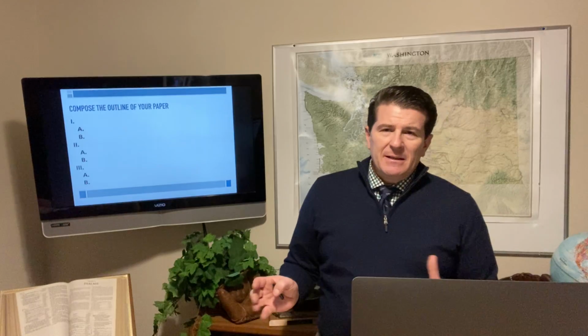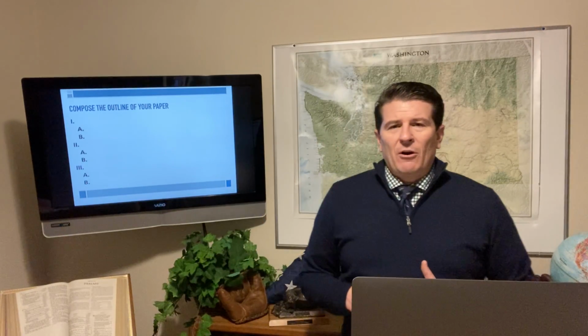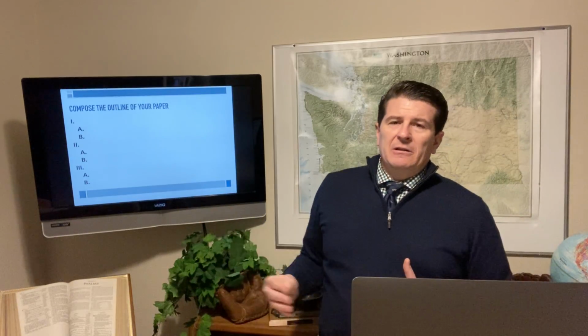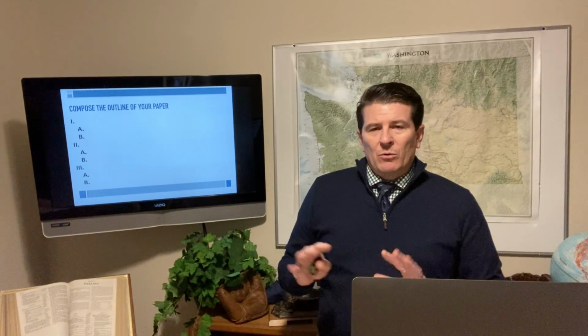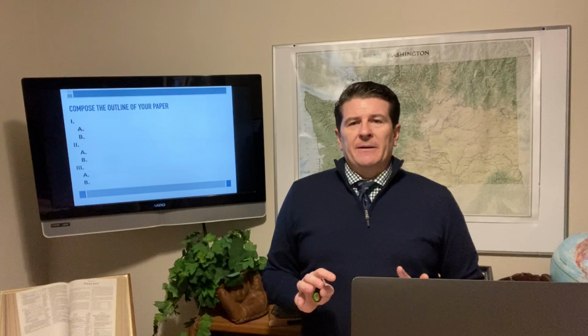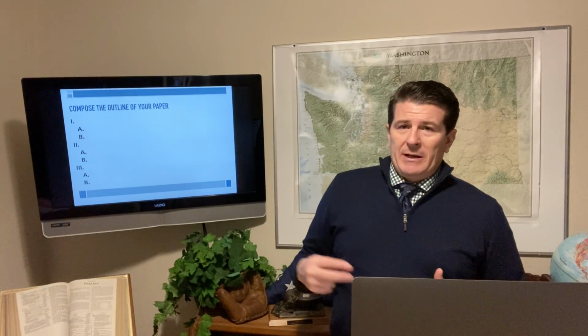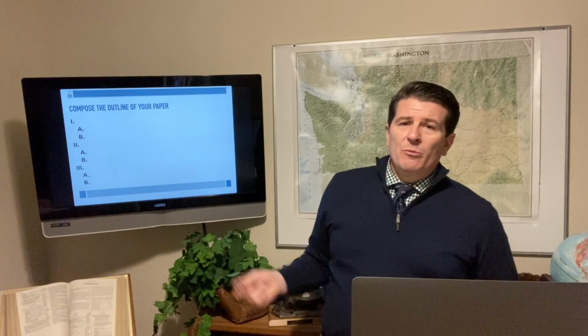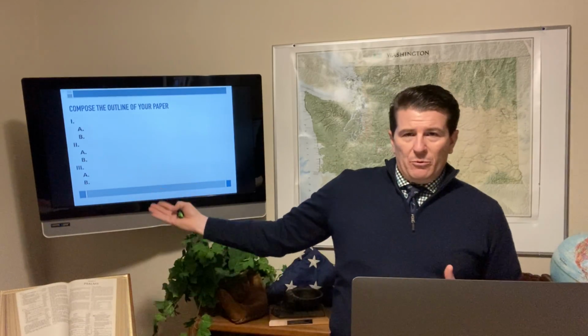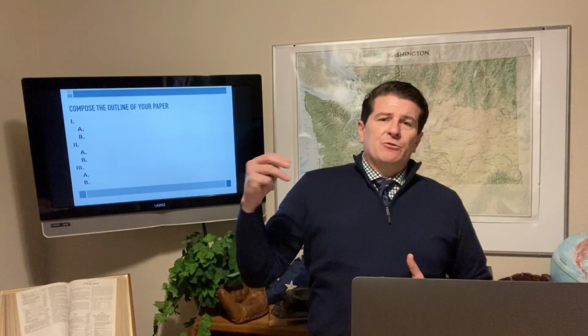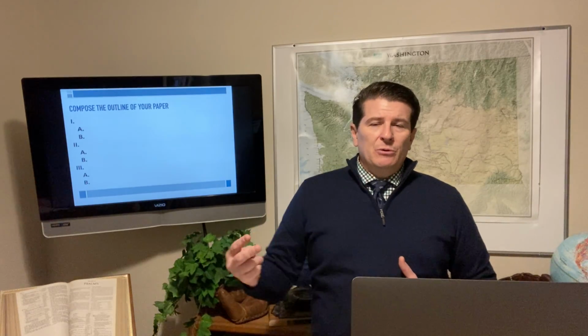So the basic structure or format of our outline is, and this is a two-layer format. We're only talking about kind of a basic outline. So this is a two-layer outline, meaning we have our Roman numeral 1, Roman numeral 2, Roman numeral 3. Each Roman numeral has two supporting statements after it.